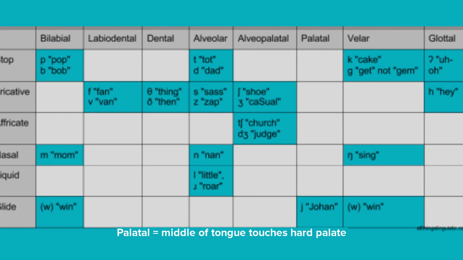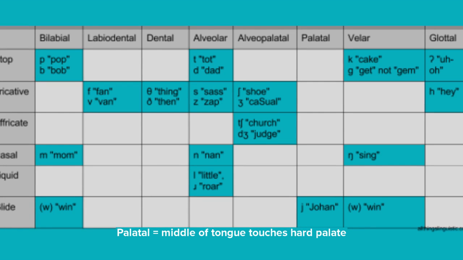Palatal sounds are those that are made with the middle of your tongue touching your hard palate. That would be, in English, one glide, the y sound, like yes or yellow.